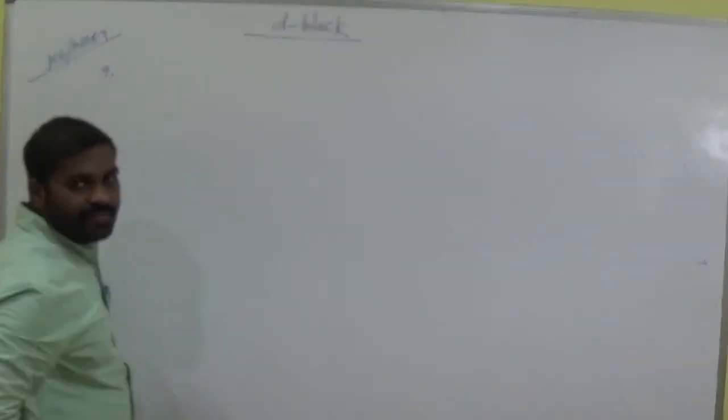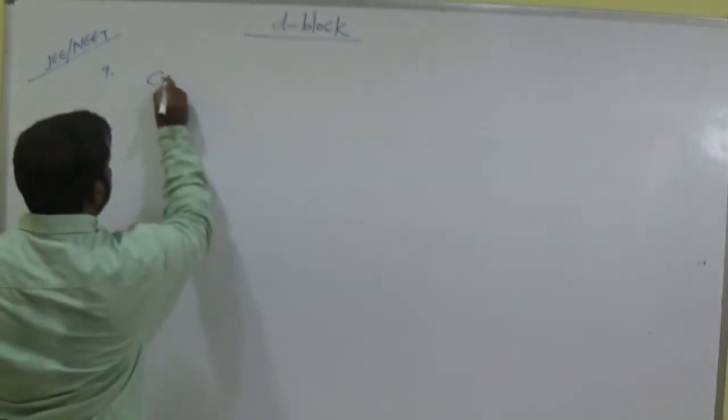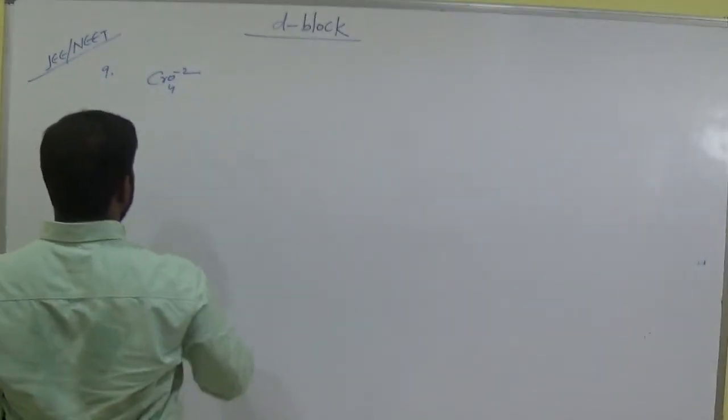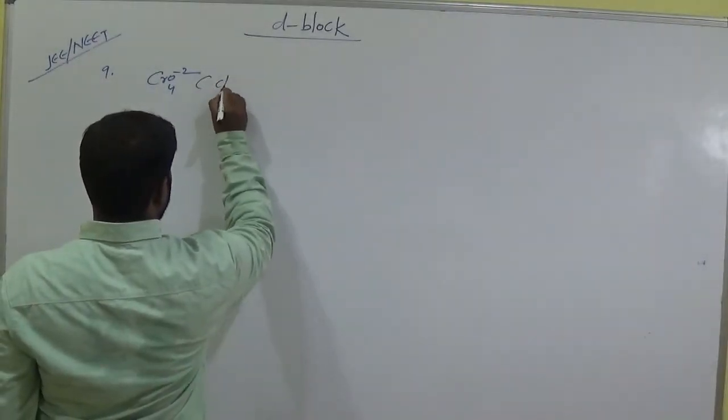Let's see the ninth one. CrO4 minus 2 is called chromate ion.